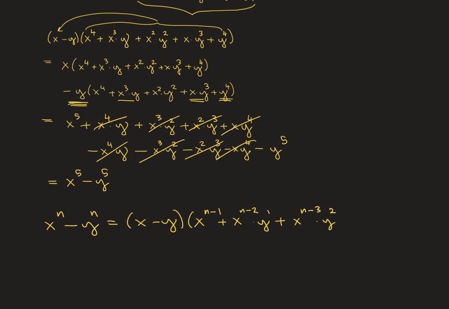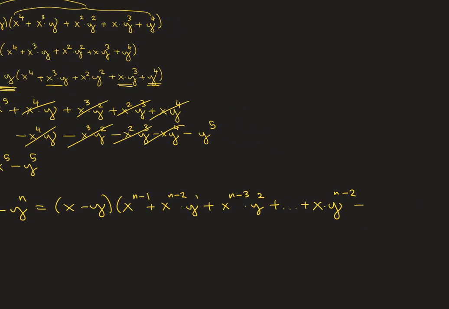Notice that this exponent and this exponent should always add up to n minus 1. N minus 3 plus 2 is n minus 1. And this pattern continues, plus dot, dot, dot, until we're down to maybe the x's, and then we'd have y to the n minus 2.